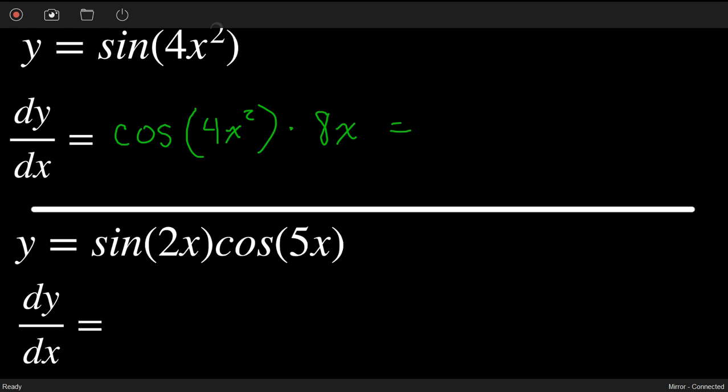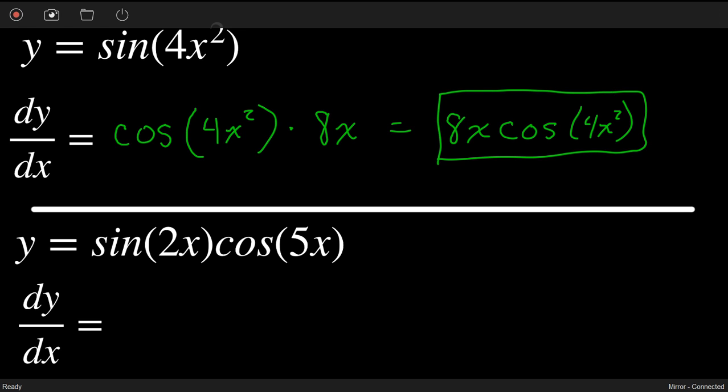And putting things in order, we usually would write this as 8x cosine of 4x squared. That would be our derivative. Remember that this is your chain rule part. You always must remember to apply the chain rule, which is multiplying by the derivative of the inside part, which is what is inside our parentheses here.